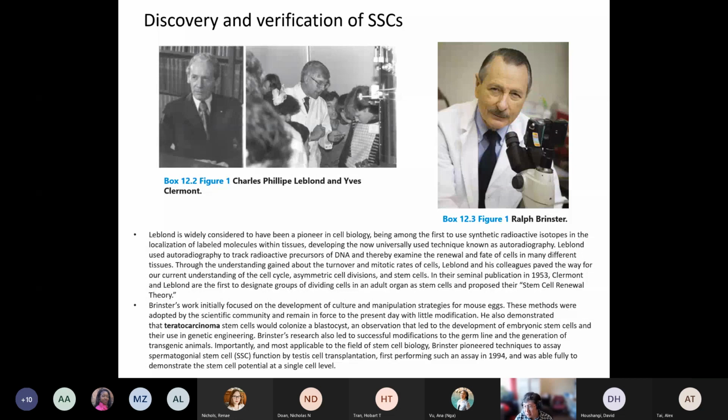And here I want to point out to you three scientists who made a great contribution in the study of not only spermatogenesis, not really just that, because these scientists did their work early, especially Charles Philippe Leblanc. That's the scientist shown at the far left. If you still recall, in the previous lecture, we introduced a theory of intestinal stem cells.